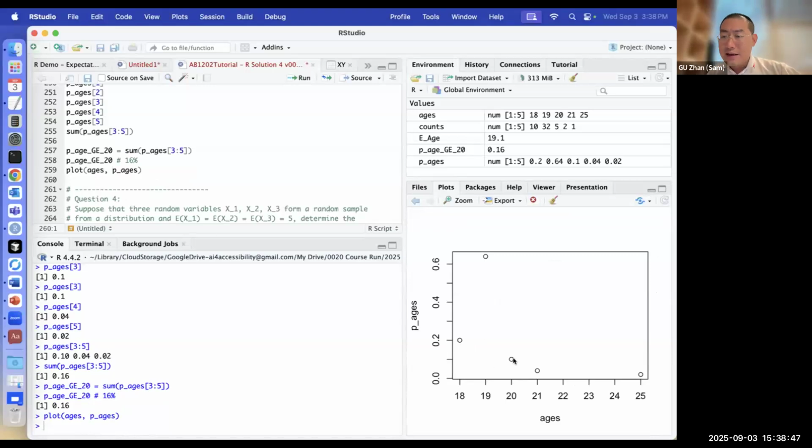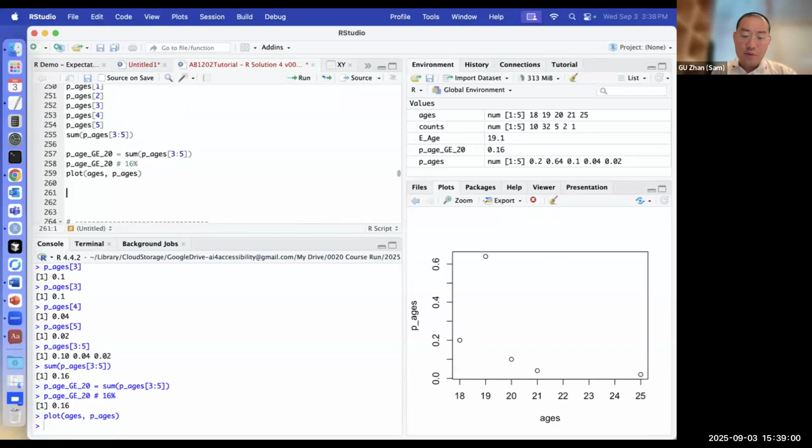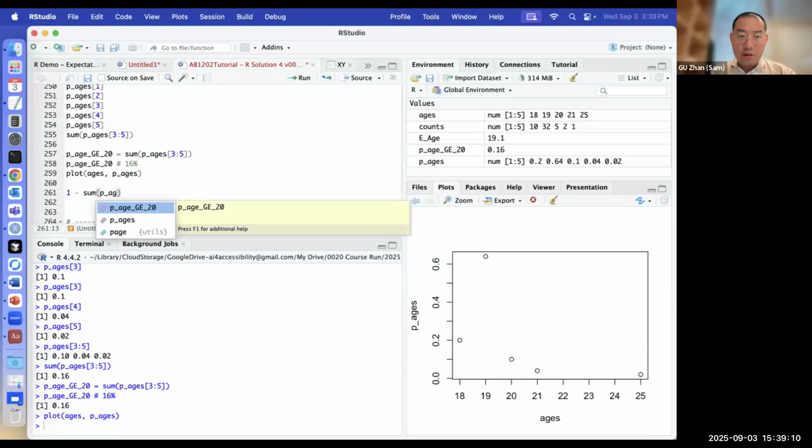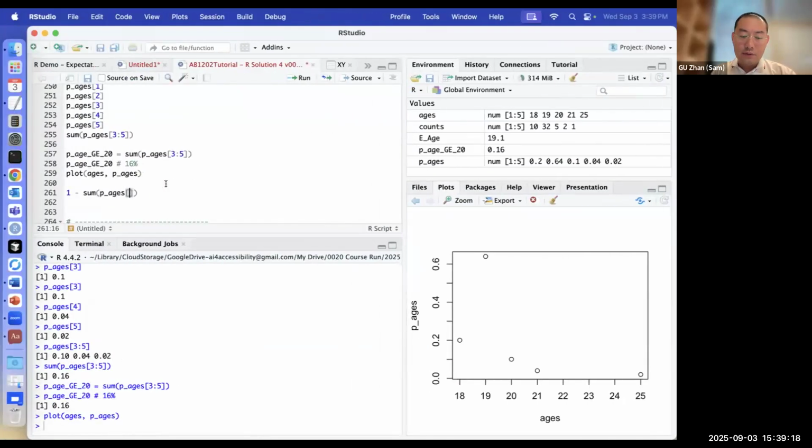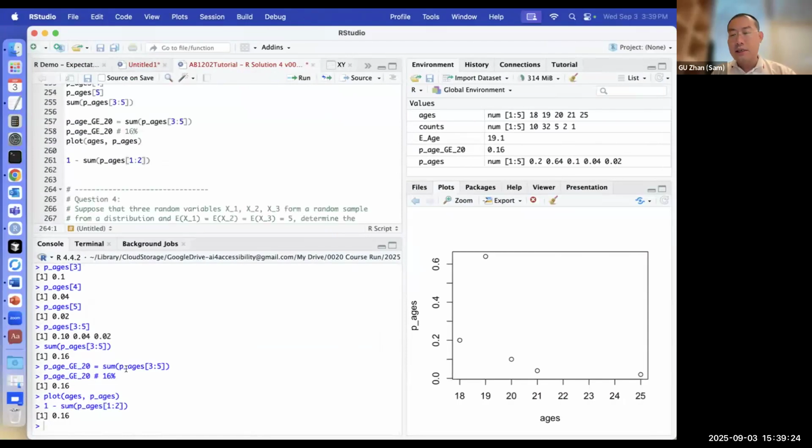For H equal or greater than 20, you can use 1 minus the one lesser than 20. You can also derive it as 1 minus the sum of probability pH of the first two, right? You also get 16%.